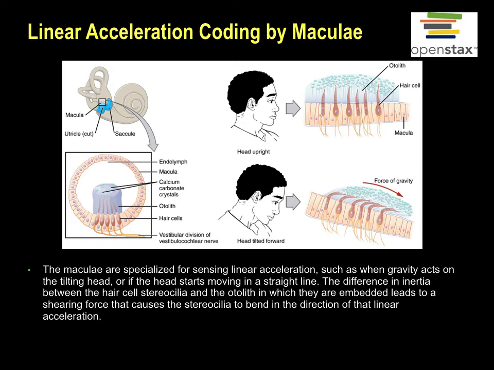When we position our head, if the force of gravity causes this gel to move, that will bend the hair cells that are also embedded in the gel, and our brain will determine that the head position has changed. And so we have these little macula all around the inside of these blind chambers, utricle and saccule.